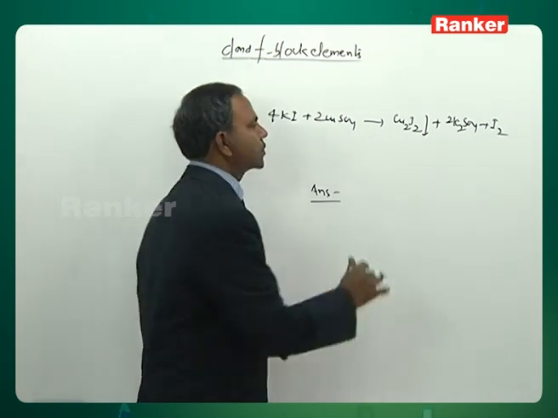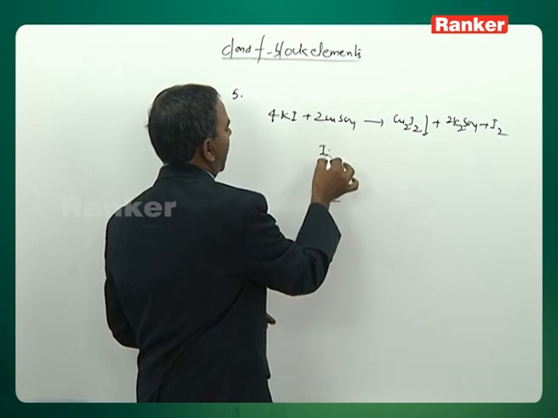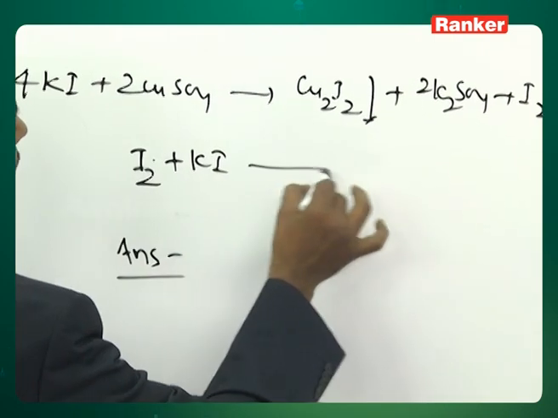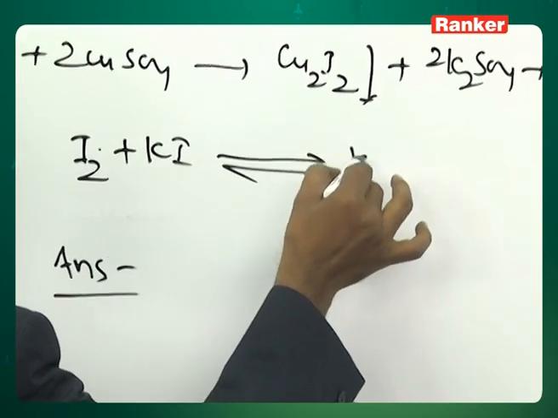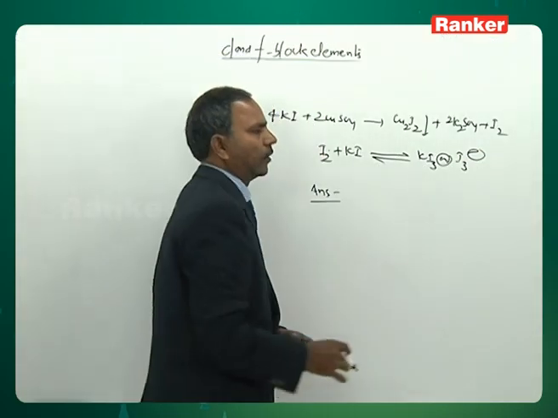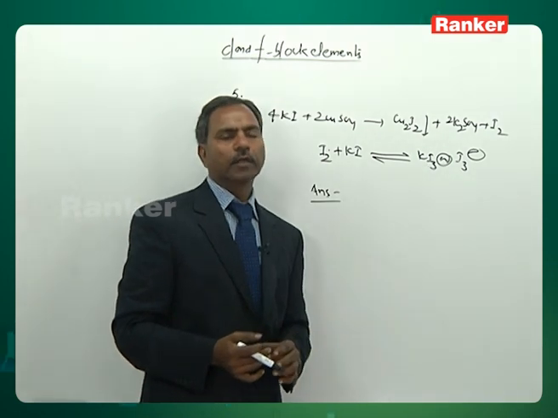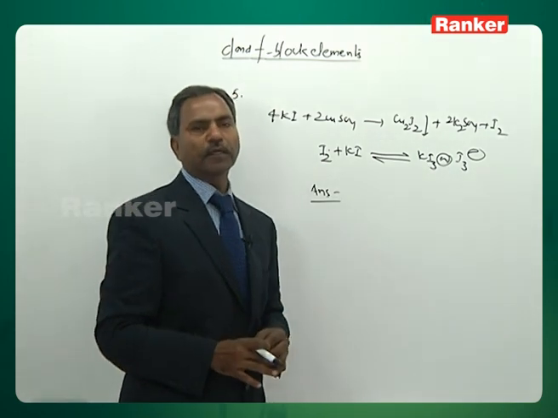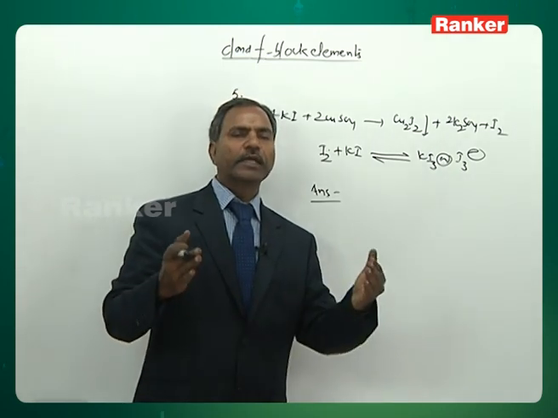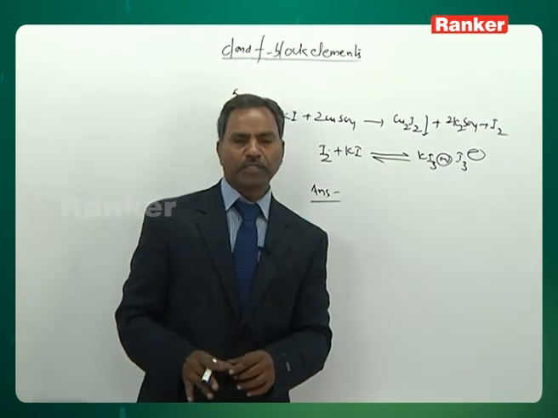As I2 is produced in the first equation, this I2 freely reacts with a little more KI, giving rise to a complex KI3, the triiodide ion complex. KI3 is soluble in water, but Cu2I2 is a precipitate.